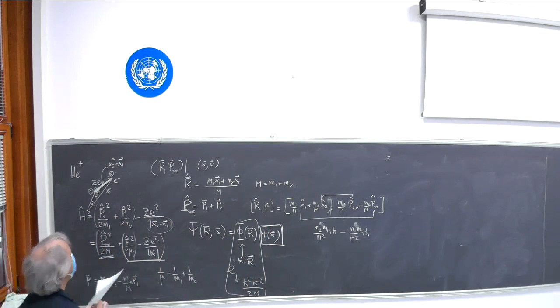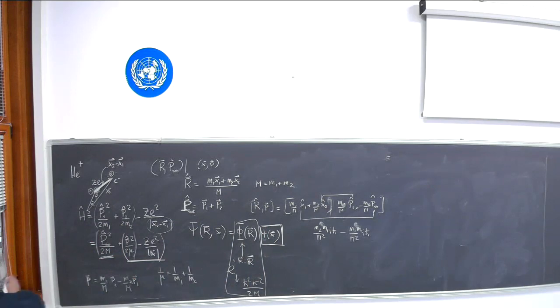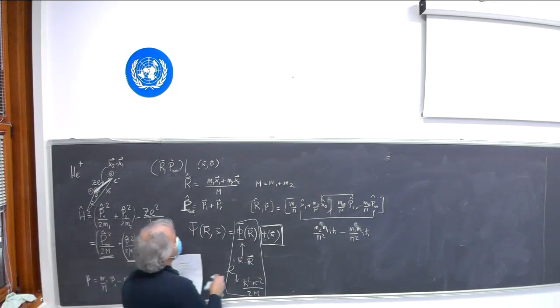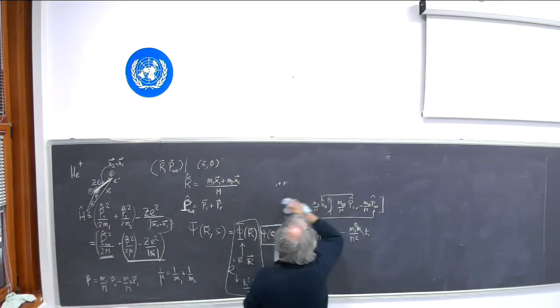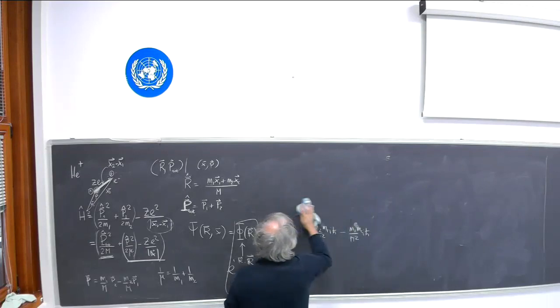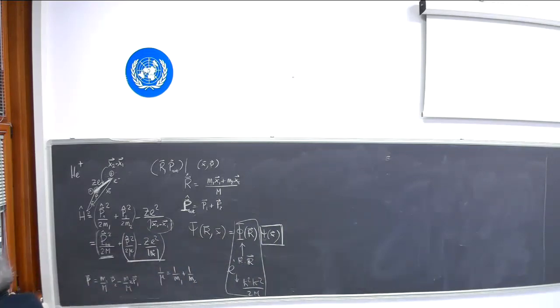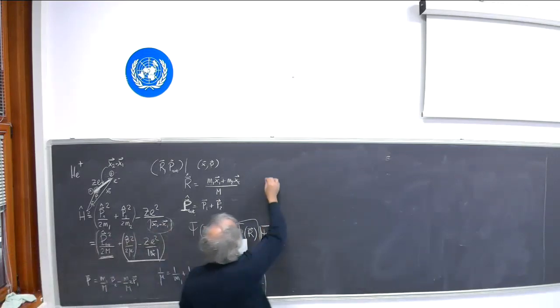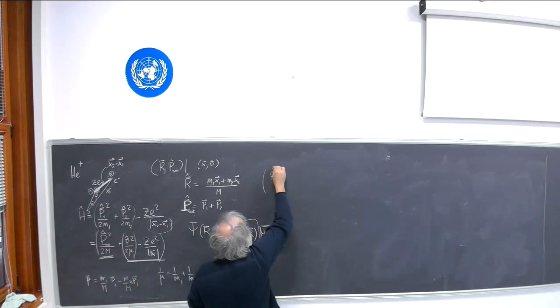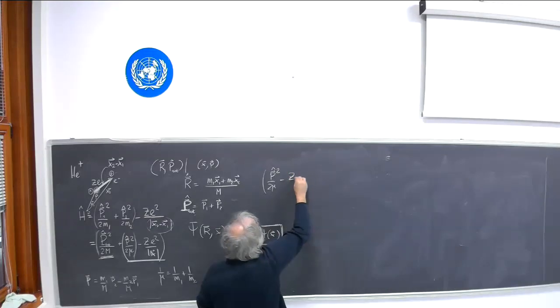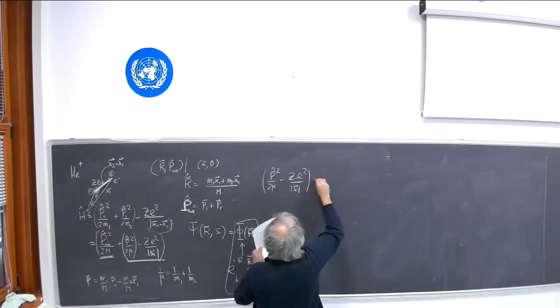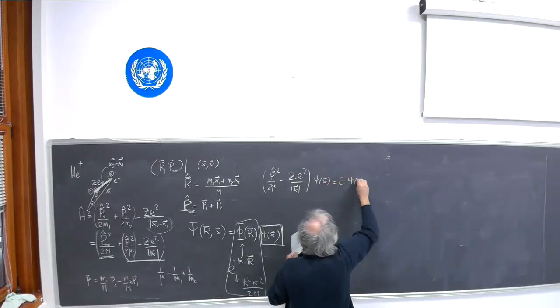Okay, so from now on, we'll simply totally ignore R, and we would like to solve a problem that is slightly simpler. The problem is the following. I would like to find eigenfunctions of p squared over 2 mu minus Z e squared over |x| acting on psi of x equal to E psi of x.